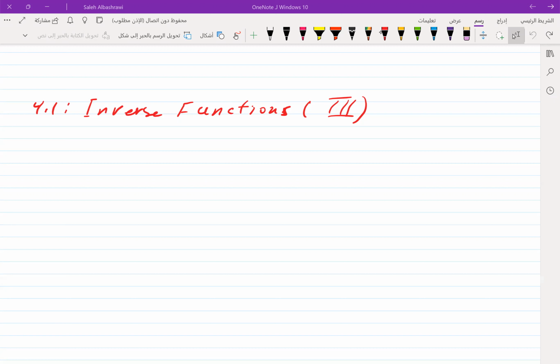Then we discussed the composition property of inverse functions, and we said that two functions, for example f and g, are said to be inverses if f composite g gives x and g composite f is equal to x. In this part, we are going to discuss how to find an inverse for a given function.